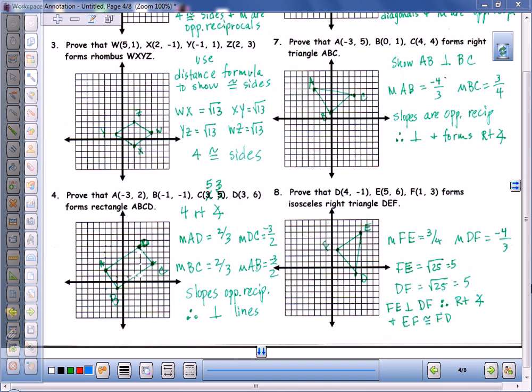Yeah. Wait, what is... Why is it? PQ slope is... Wait, I'm dumb. So you just do parentheses first, huh? I'll figure that out.